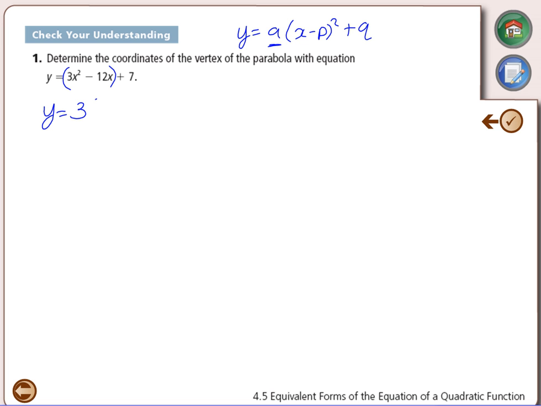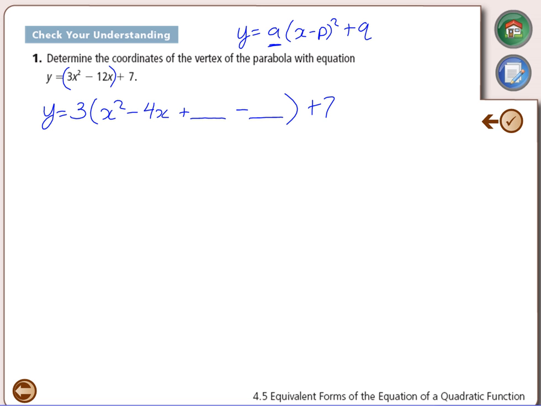So 3 bracket x squared minus, now it's not 12 any longer, it's 4x plus something, and I'm putting it in, and I'm going to take it right back away. I don't put it on the other side of the equation. I'm going to put it in, take it away right inside those brackets, plus 7.